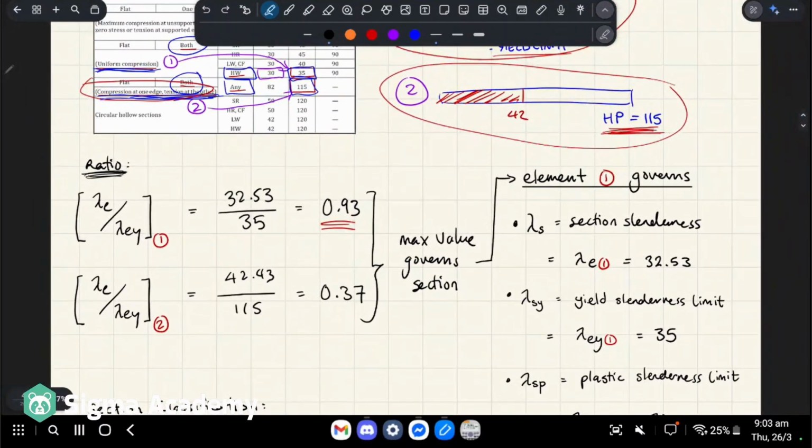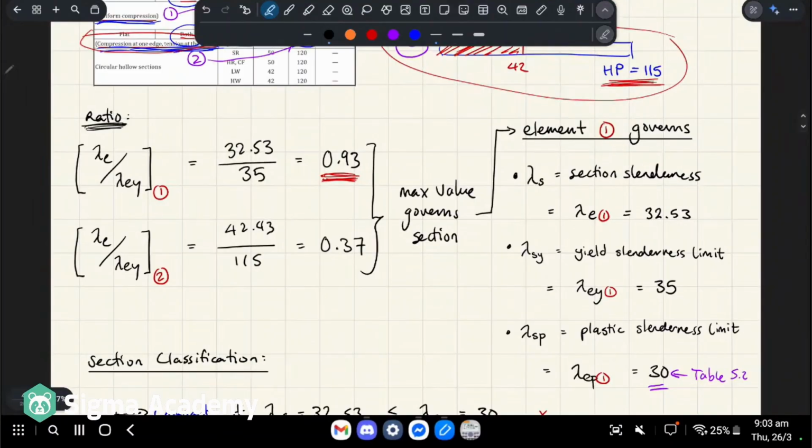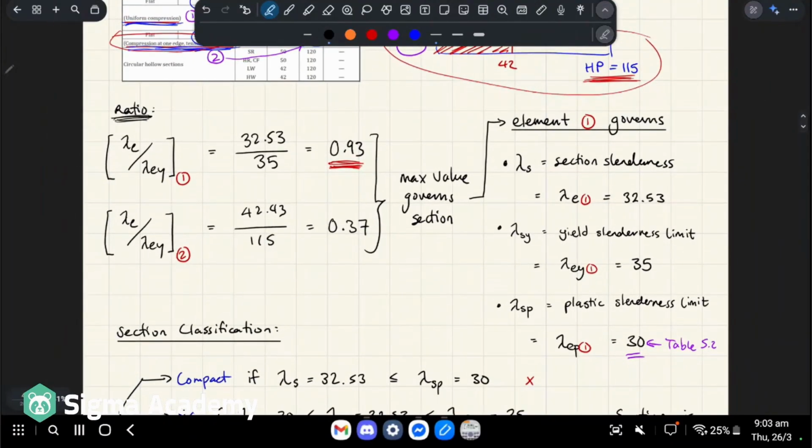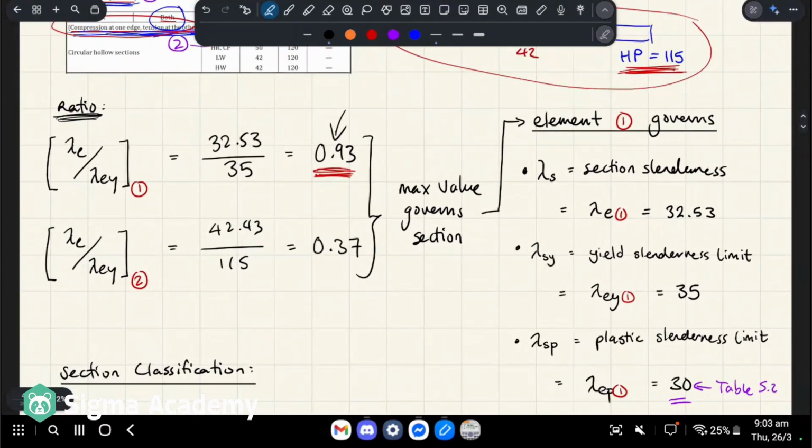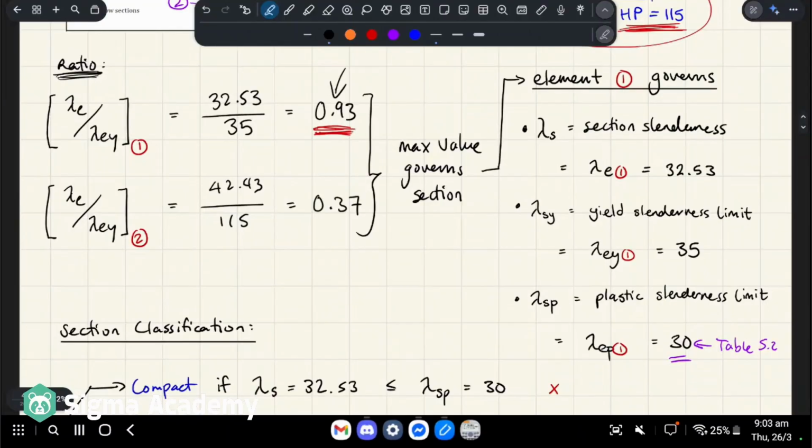And whichever one is closer to its max utilization is going to be our governing section, okay? Now, I'm pretty sure this can be over 1 as well. So if the damage is over the HP, quote unquote, it's pretty bad. And that would be the governing one, right? Okay, so element 1 governs.